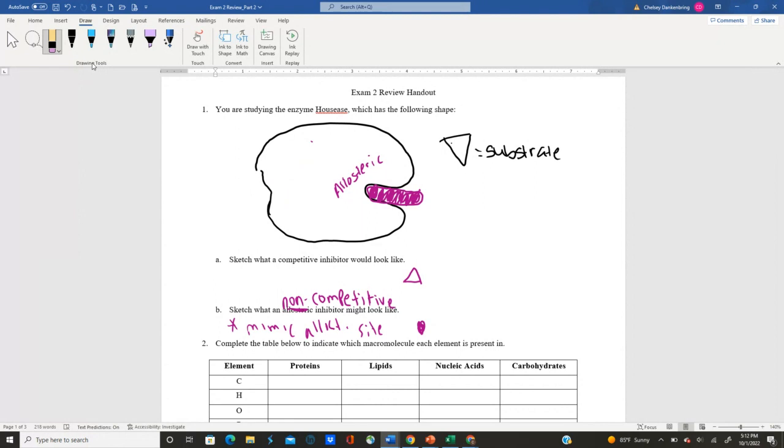By binding the allosteric site, the whole enzyme changes shape and the active site gets altered in such a way that the substrate doesn't fit anymore. Do we have any questions about those two types of inhibition or inhibition in general?